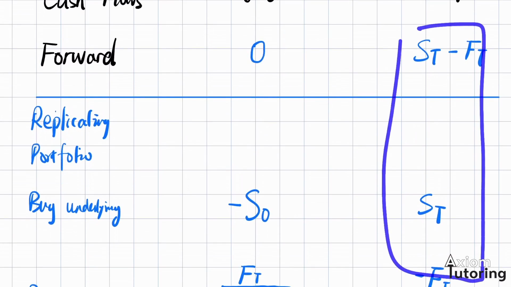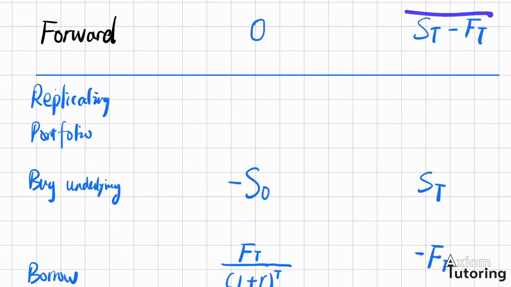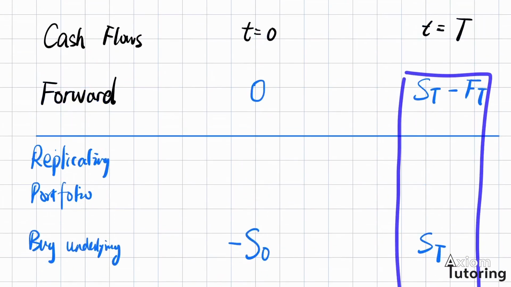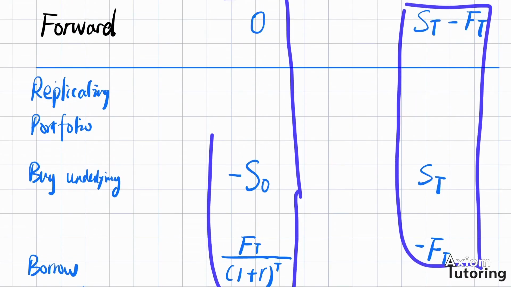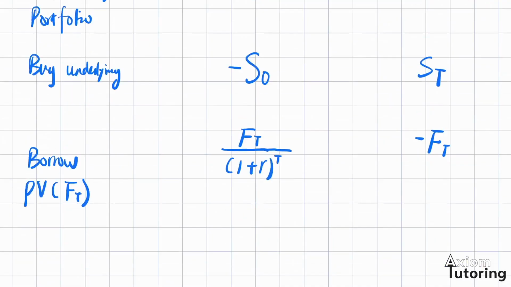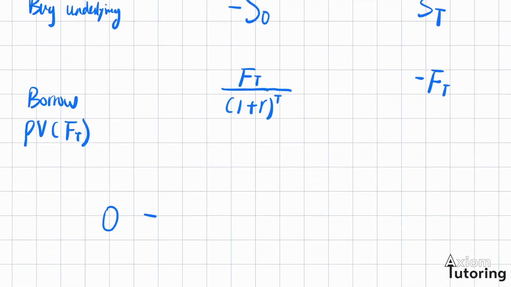We already have the identical cash flow at time T, so the cash flow at time 0 must be identical as well. So we can confidently write that 0 equals minus S_0 plus F_T divided by (1 plus r) to the power of T.